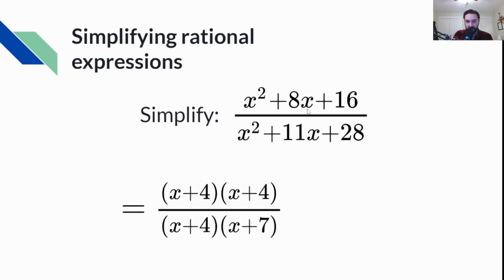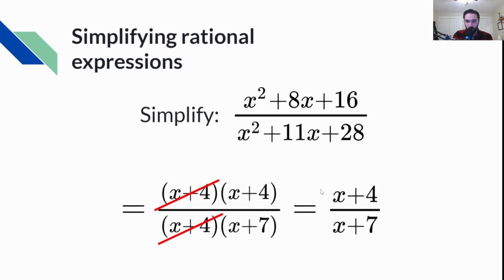We can actually recognize the top trinomial as a perfect square trinomial. It's x plus 4 times x plus 4. And we can use trial and error for the bottom trinomial to get this. What we notice next is that the x plus 4 and the x plus 4 cancel with each other. When things cancel multiplicatively, what's left behind is a 1.